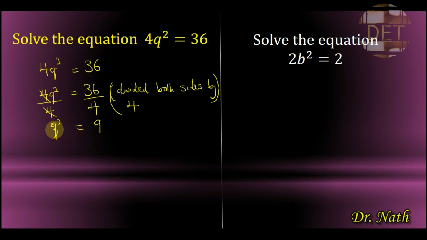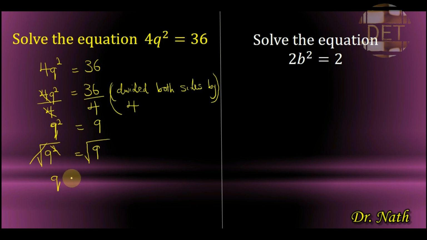What will now be the value of my q? To make this q stand alone, what I will do is to find the square root of both sides of the equation. So this is q squared is equal to 9. I will find the square root of this side of the equation and also the square root of this side of the equation. So the square will cancel the square root to make this q stand alone.